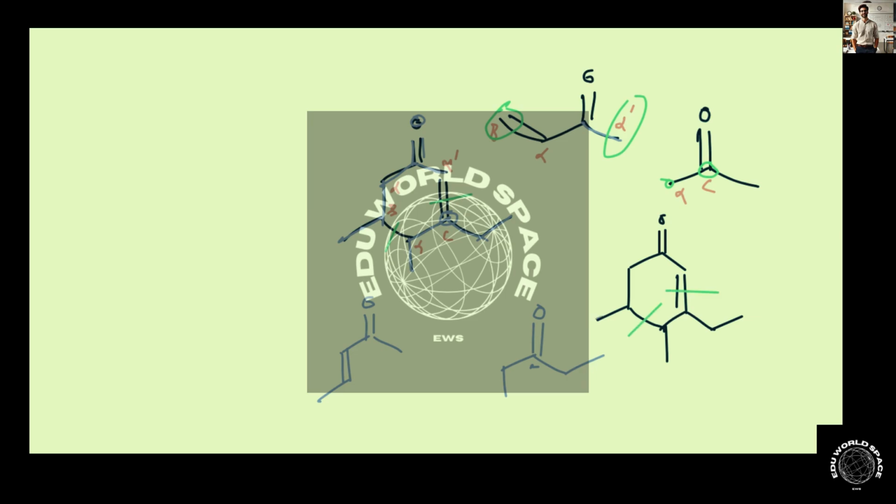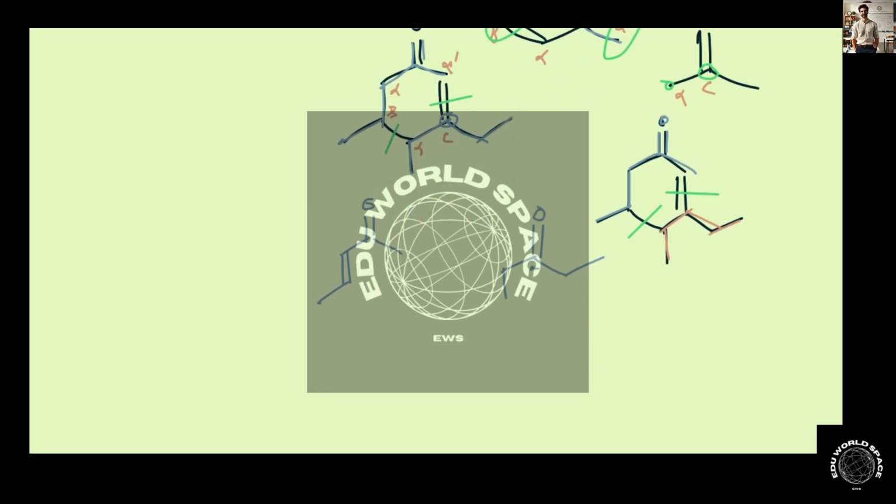We said that this upper portion was one piece, and we said that this lower portion was one piece. And so we then can extrapolate that the alpha beta unsaturated portion must have looked like this, and the other ketone, the non-alpha beta unsaturated portion, must have looked like that.